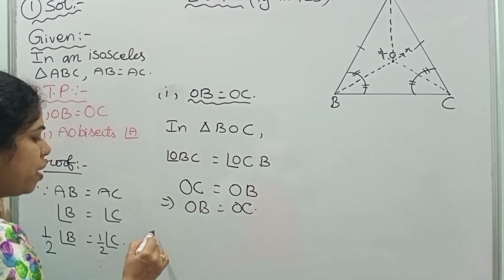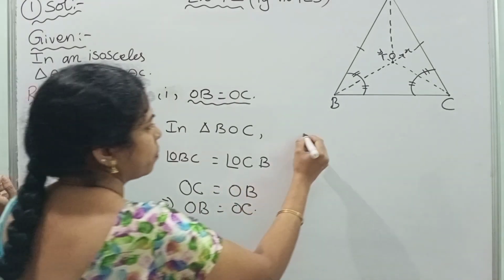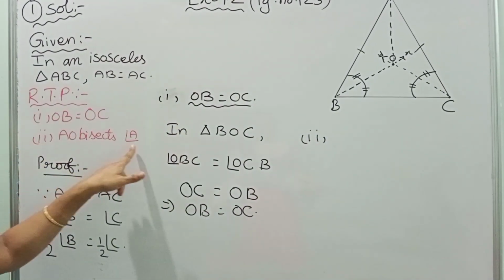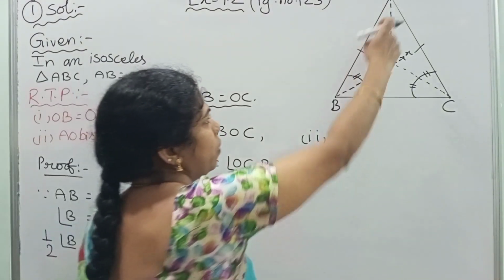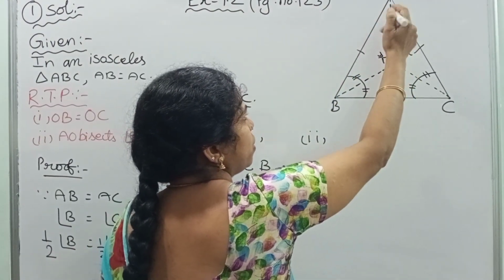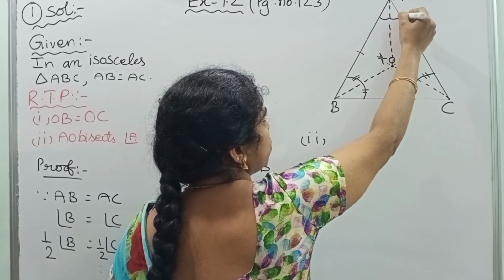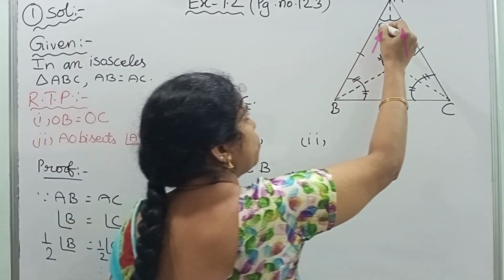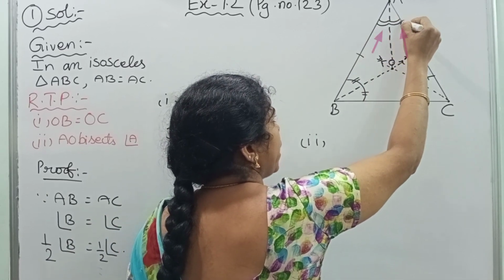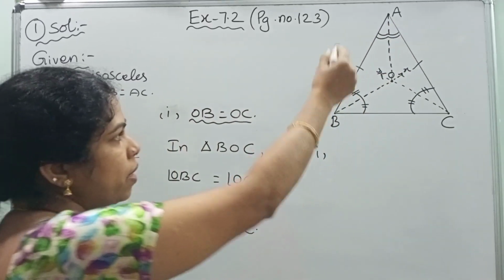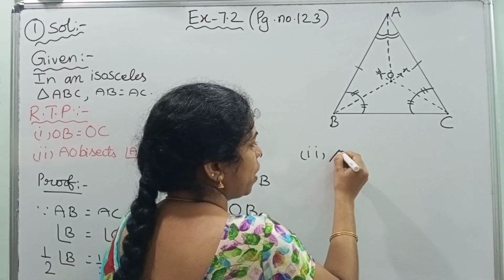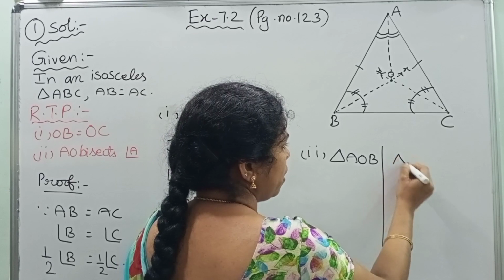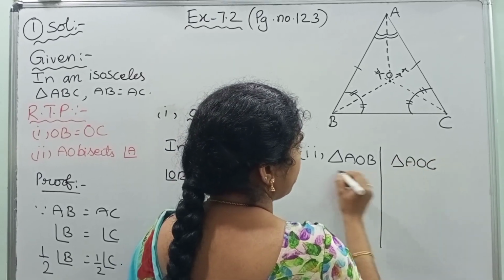So the next point they asked us to prove is AO bisects angle A. So these two parts are equal, we need to prove. To prove that, let us take the triangles AOB and AOC. Triangle AOB, triangle AOC.